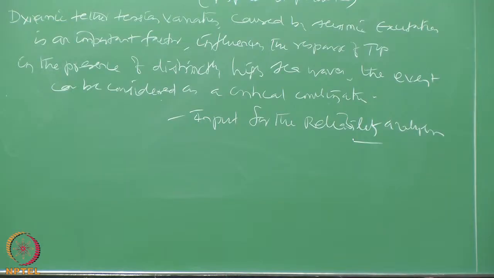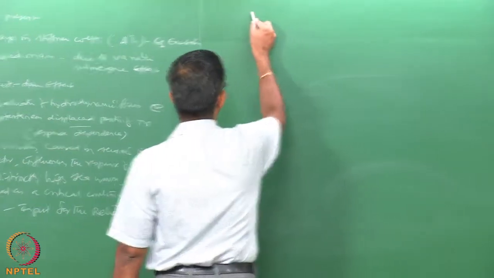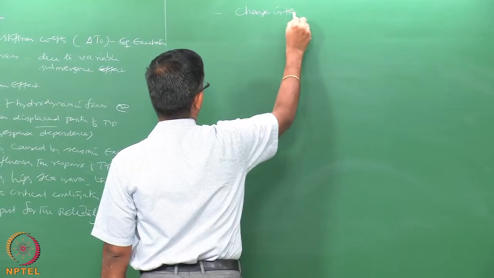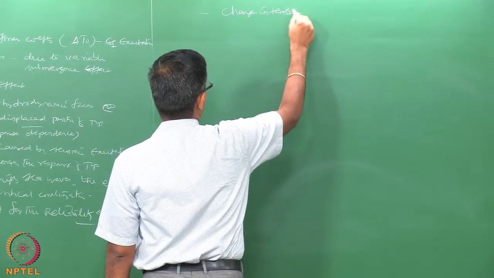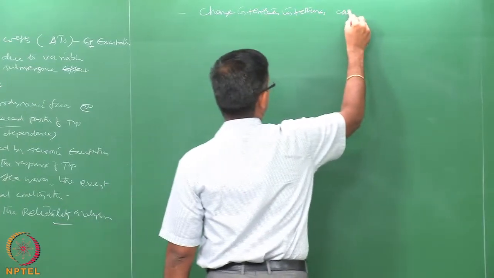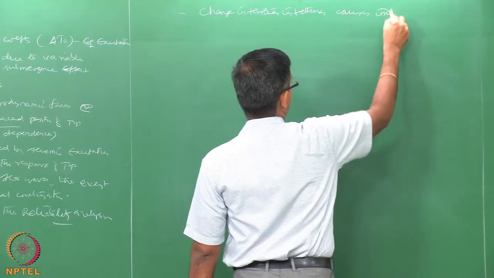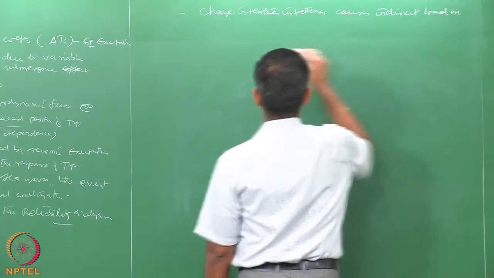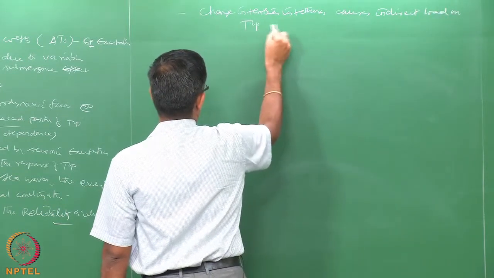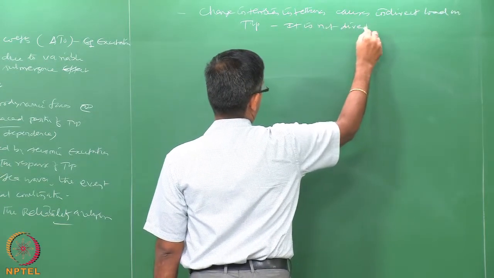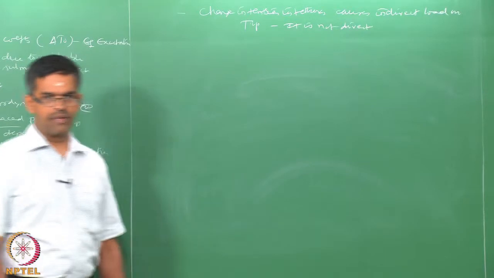So, one can see here the change in tension in tethers causes indirect load on TLP. It is not direct because TLP does not rest on the seabed.